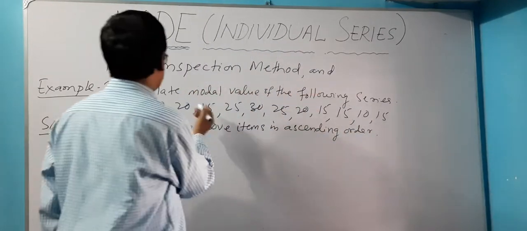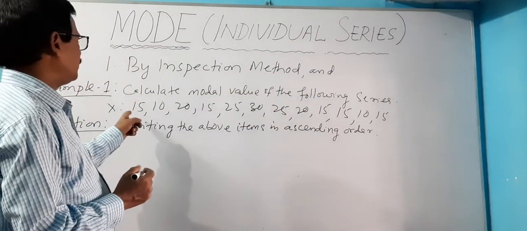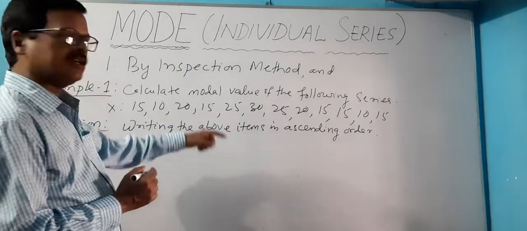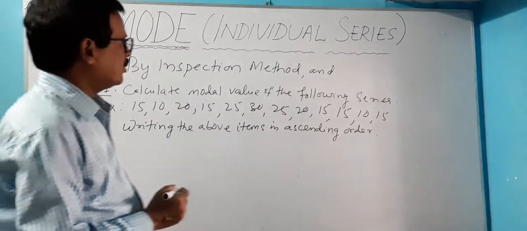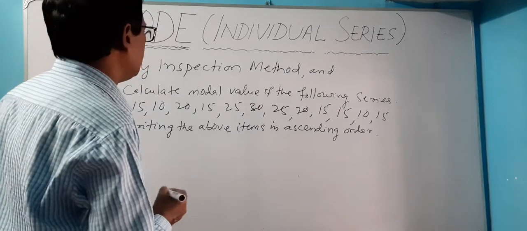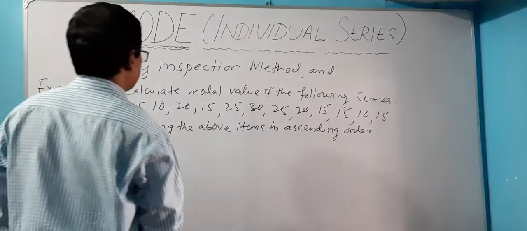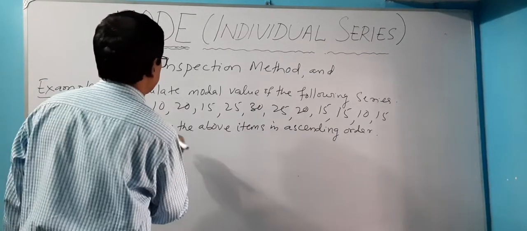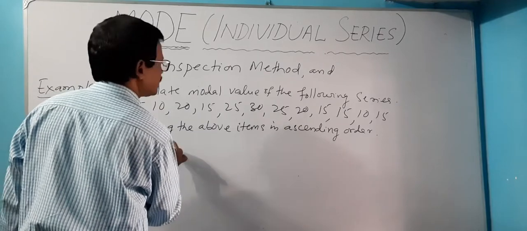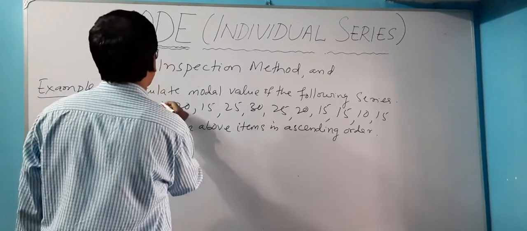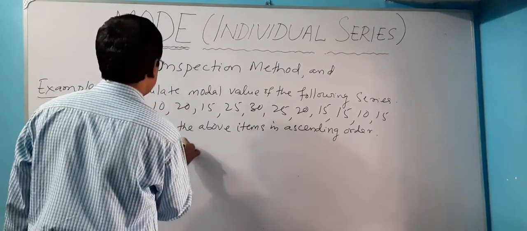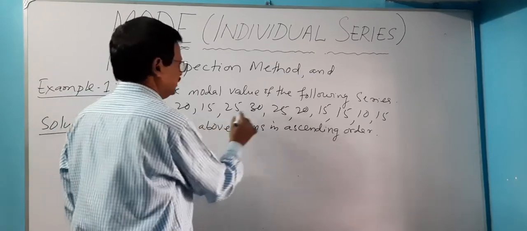They are not in ascending order, you see here 15, 10, 20, 15. So we will first write down the lowest value, then the next higher value like this. The lowest value is 10. Then, is there any other 10?